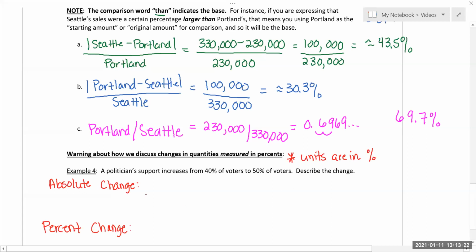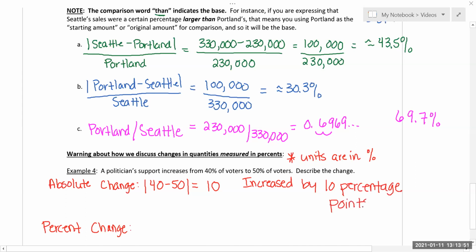So the absolute change would be that it went from 40 to 50, which is a change of 10. And it increased 10%. But I don't just want to say it increased 10%, because 10% of 40 is 4. What I want to say is it increased by 10 percentage points, to really drive home that fact that it went up 10, not just 10%.